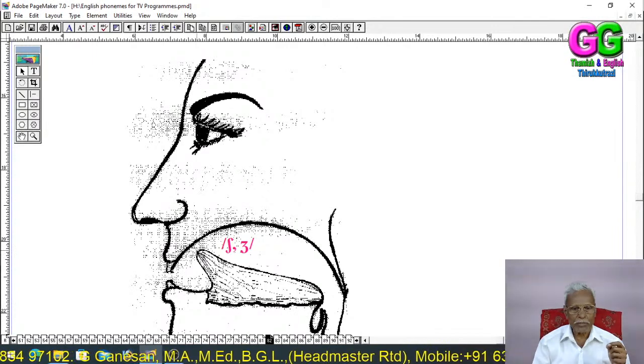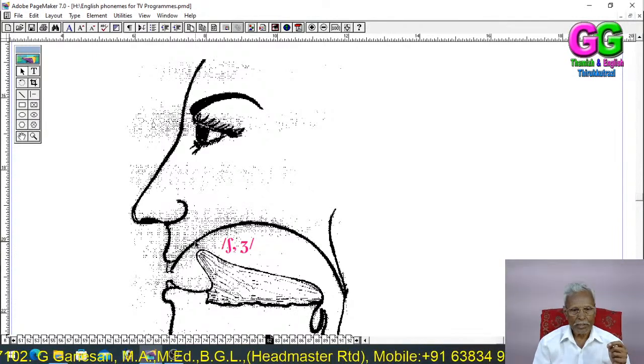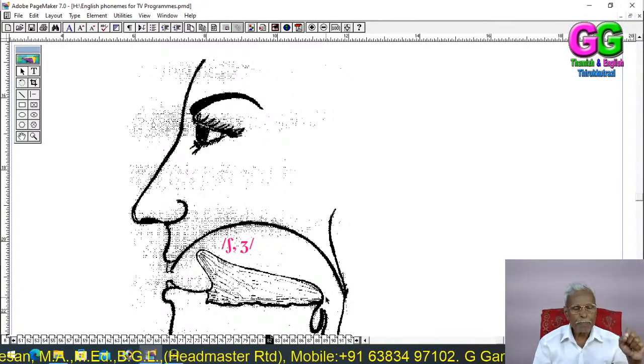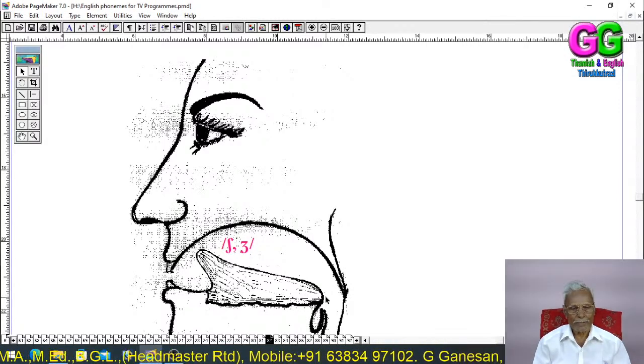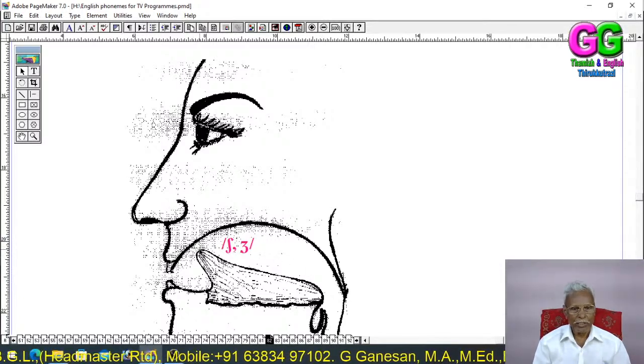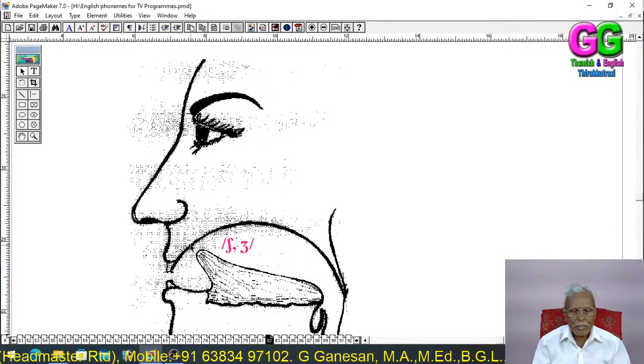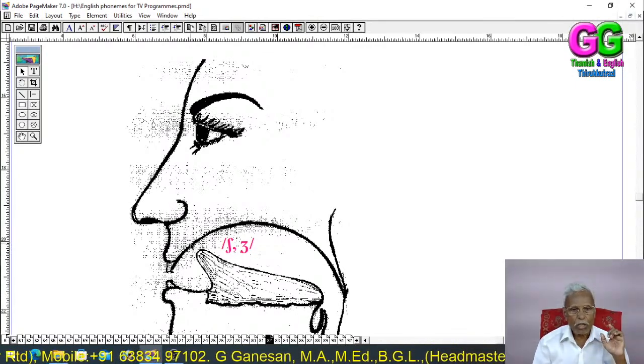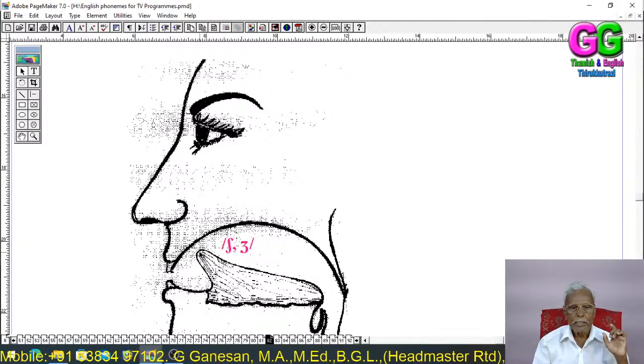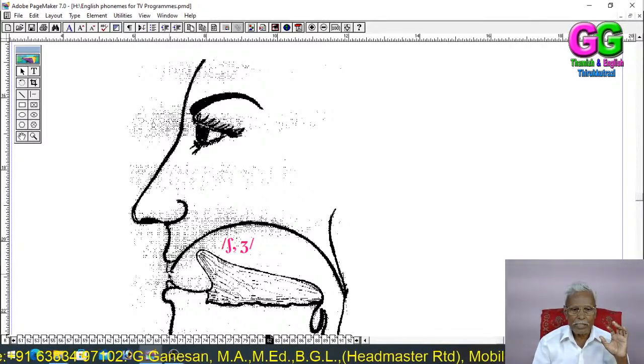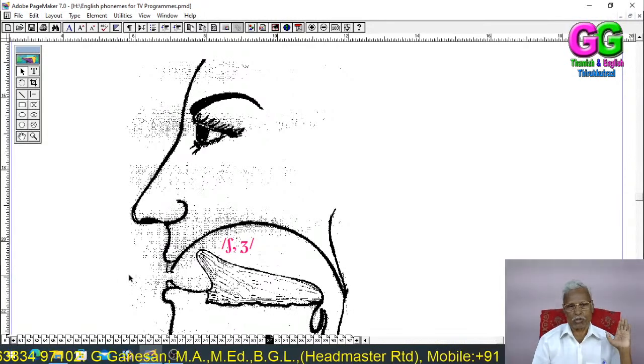By raising the front of the tongue towards the hard palate and sending out the air pushed out by the vocal cords. The air pushed out in this way comes through the space between the hard palate and the front of the tongue and escapes through the mouth.